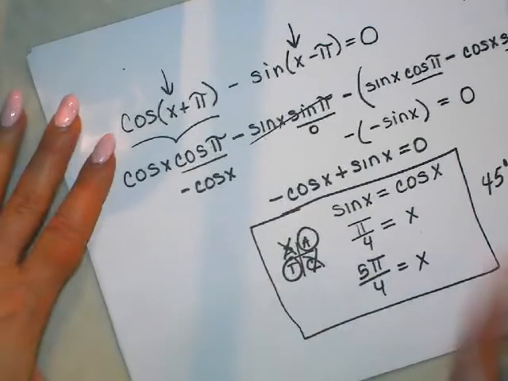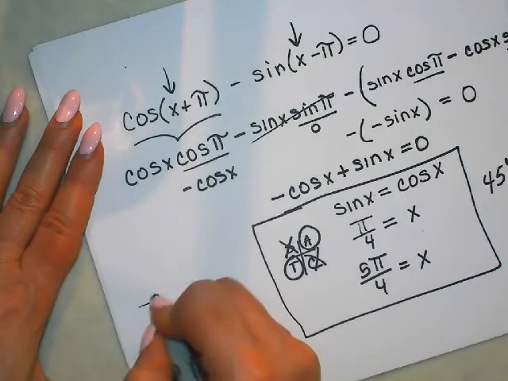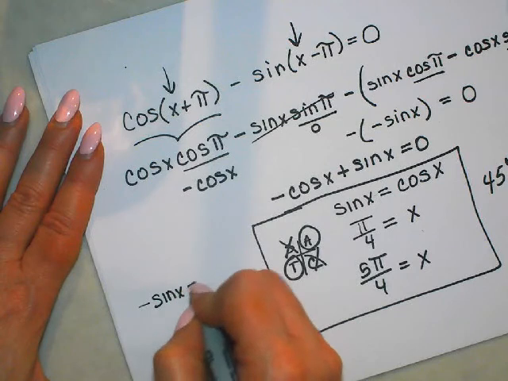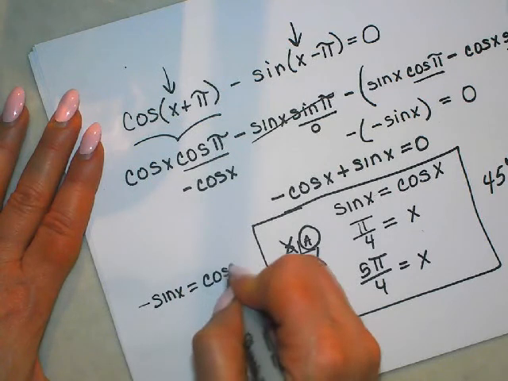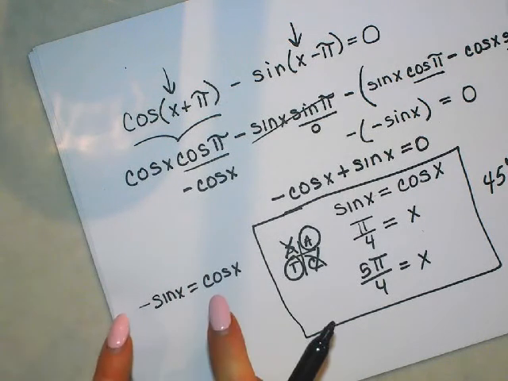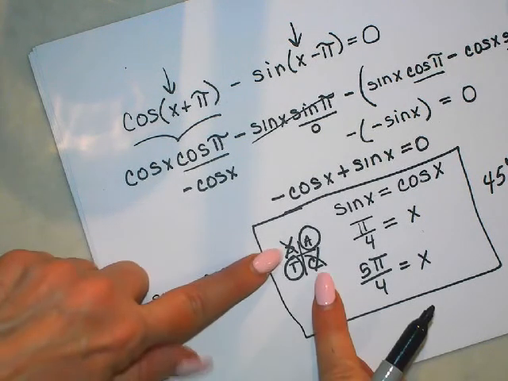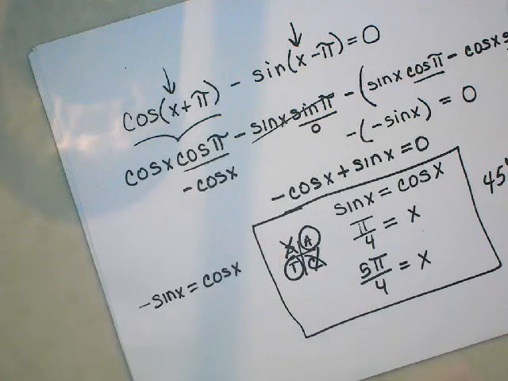If, for argument's sake, it was a negative sine or a negative cosine equals a positive, well, one of them is positive, one of them is negative. That means you're going to be in the quadrants that I canceled out, where one's positive and one's negative.